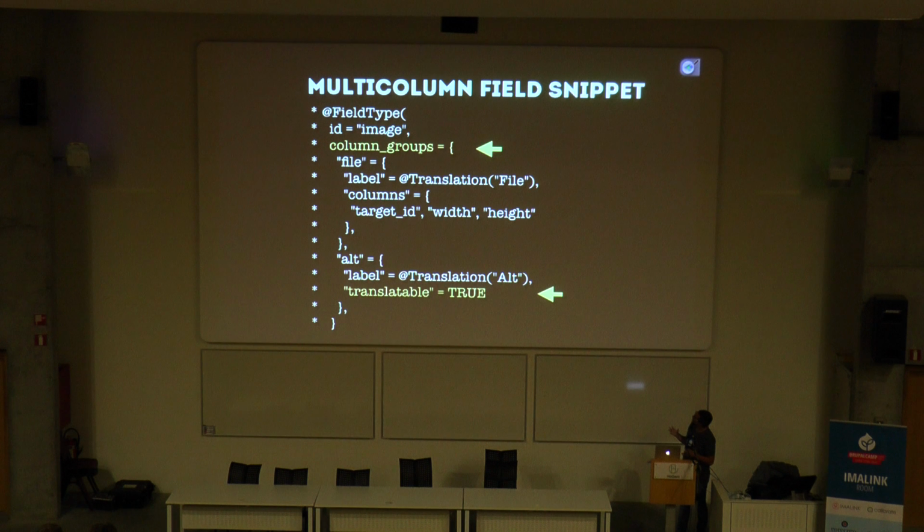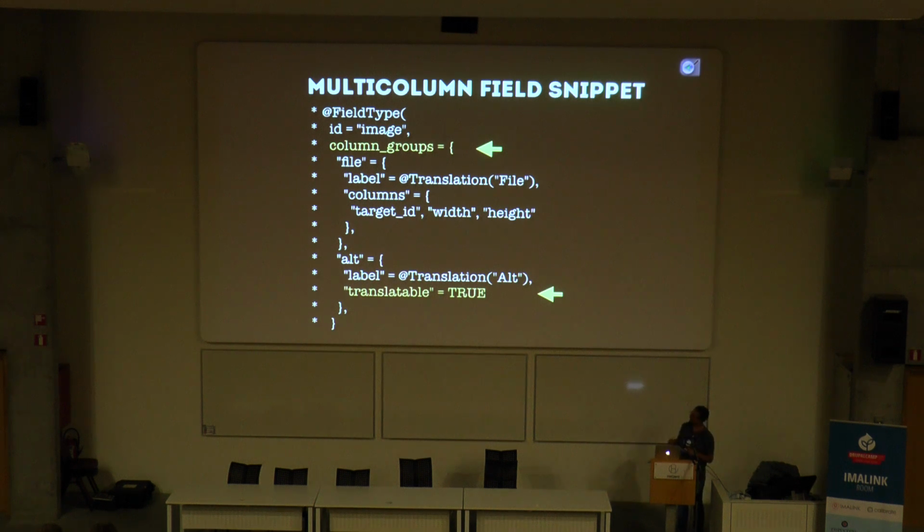And you want to have those together and not translatable because you don't want to translate your files. But then you have your alt text and your title text, and in this case you probably want to translate them. So by default you mark them as translatable, but the user still has the ability to disable them for translation or not.